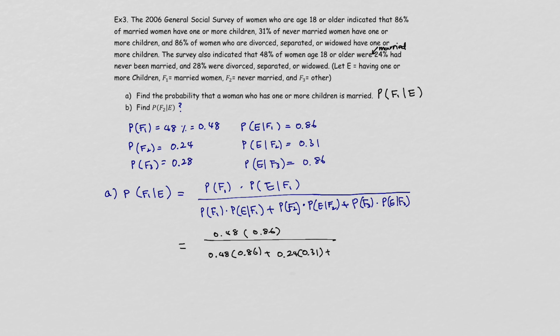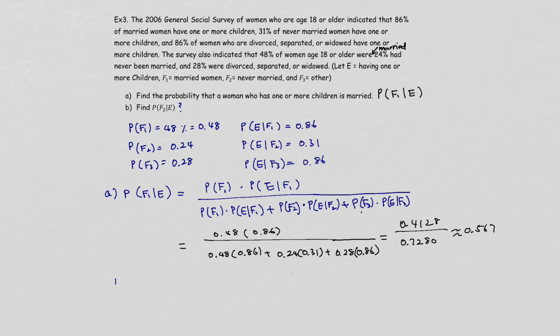And then plus that part right here comes from this. So the probability that involves F3 is going to be 0.28 times 0.86. When you figure out the numerator and denominator separately, this is the value you get. And that's approximately 0.567.